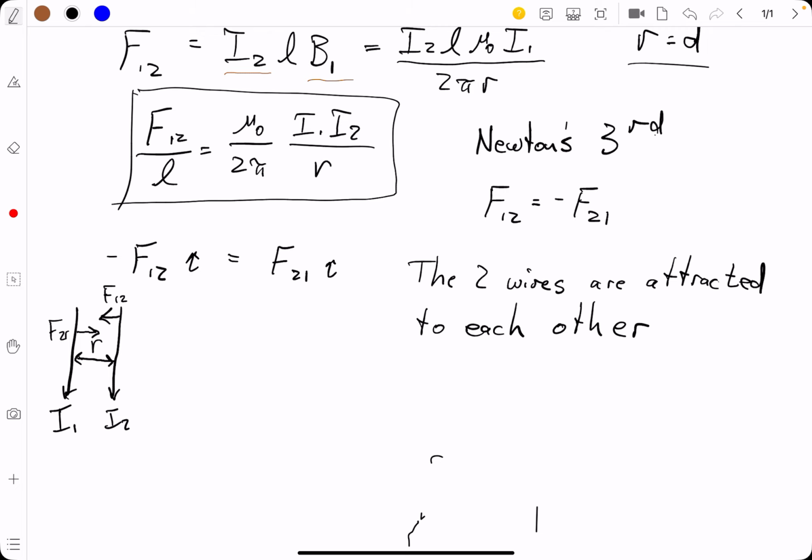All right, so I want you guys to go through and do the same thing, but this time you can change the direction of one of the currents. It doesn't matter which one you choose, but let's choose I2 just for demonstration purposes, and we're going to say that I2 is going up and I1 is going down, so I1 is anti-parallel to I2.